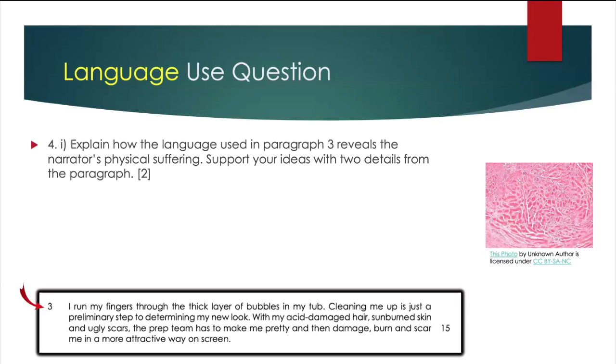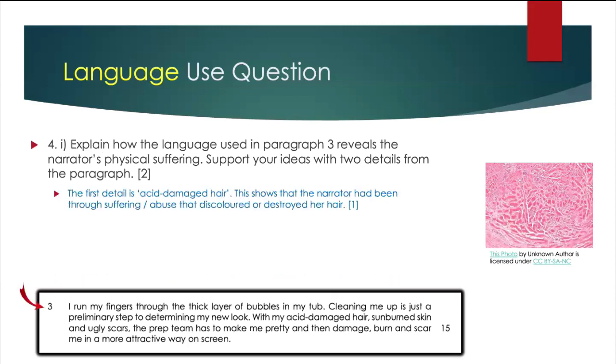So it will be very uncomfortable for the narrator in this case. So you talked about acid damaged hair. This shows that the narrator has discolored or destroyed hair. So that's the first one.